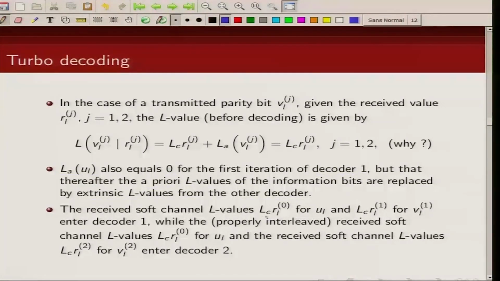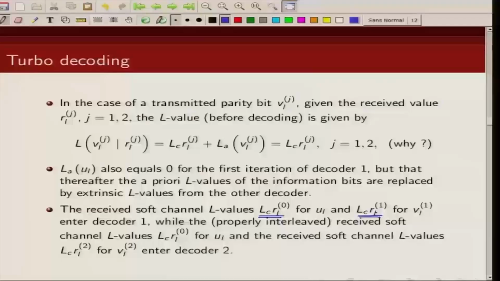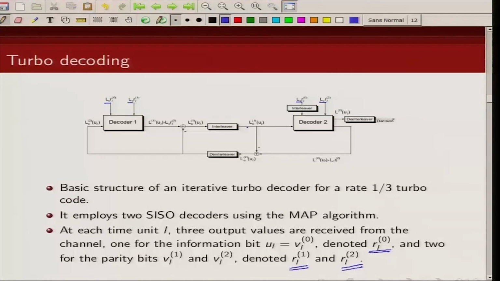And again, the received values that we got from the channel, Lc RL0, RL1 and RL2, remember to feed them in proper order when you are feeding decoder 1 and decoder 2. And this we have explained earlier. You can see when we feed the extrinsic information from decoder 1 to decoder 2, we are interleaving it.